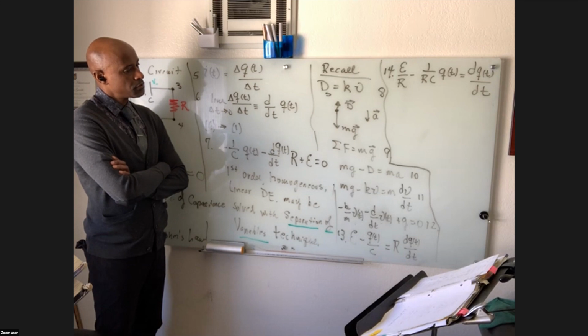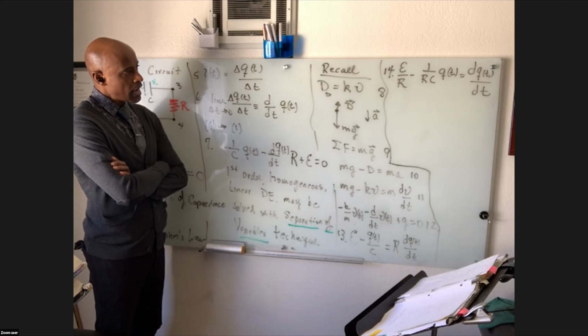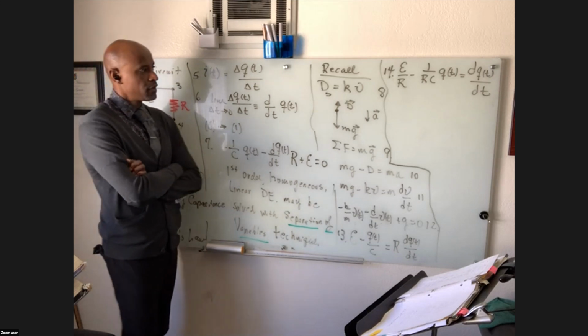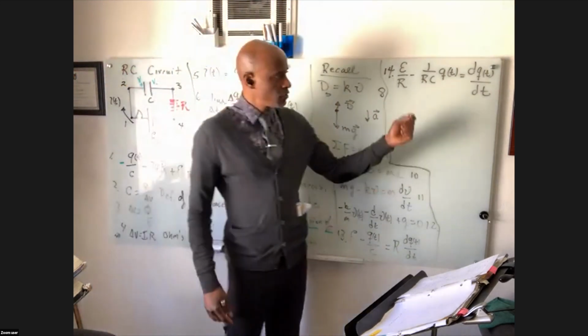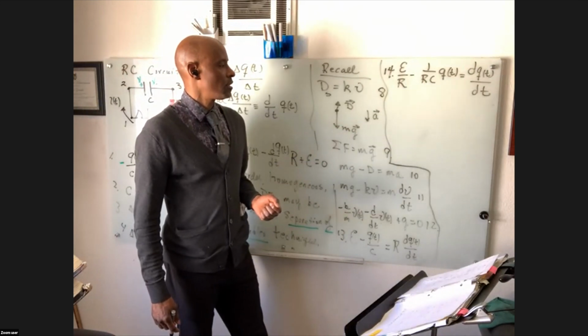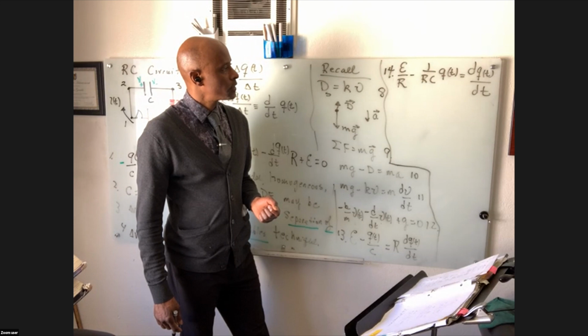Now here, I'm basically going to cross multiply at this point, because right now the variables are not separated. The two variables are Q and t, the two time-dependent quantities.